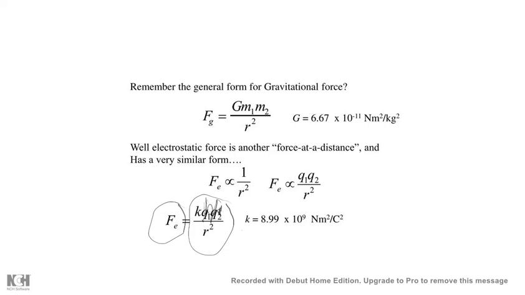Now k is this awfully big number. This is an awfully tiny number. This is an awfully big number.